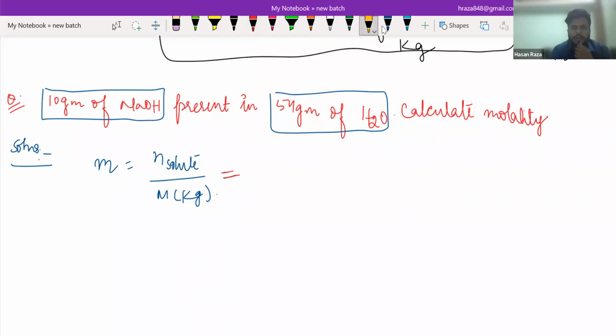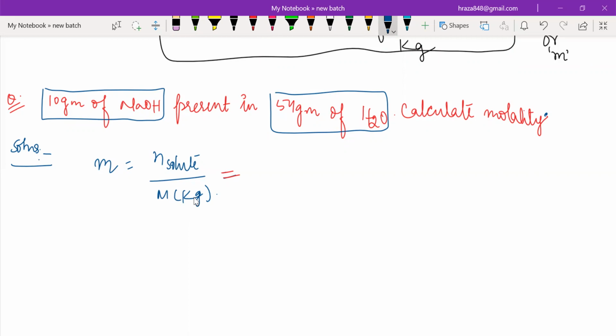Sorry. So here we have 10 gram of NaOH present in 54 gram of H2O. Calculate molality. Molality is equal to number of moles of solute upon mass of solvent in kg. Am I audible clearly? Yes, sir.